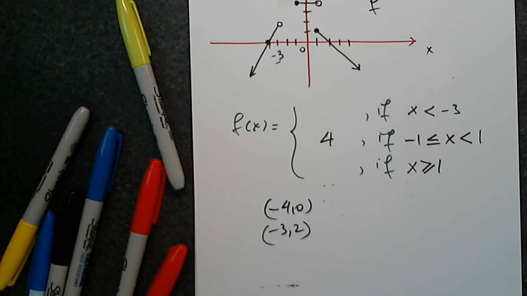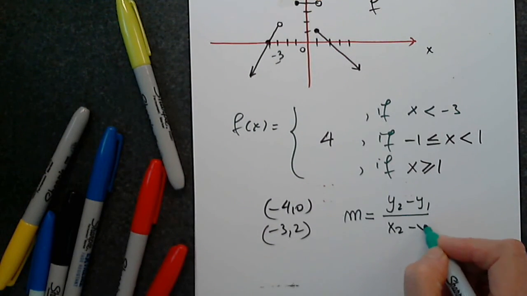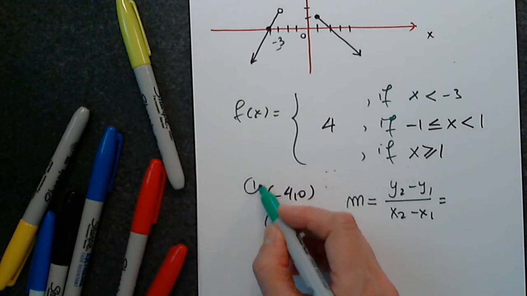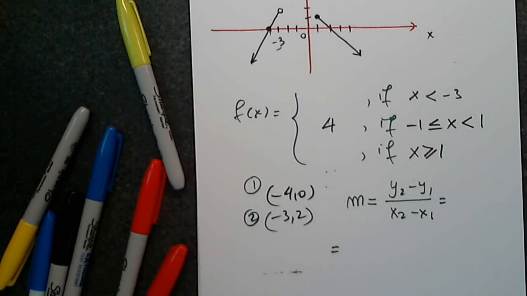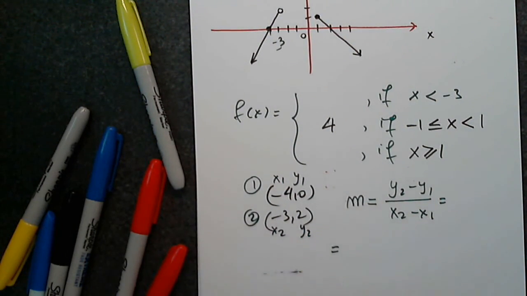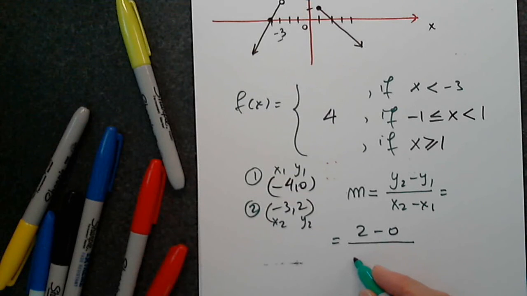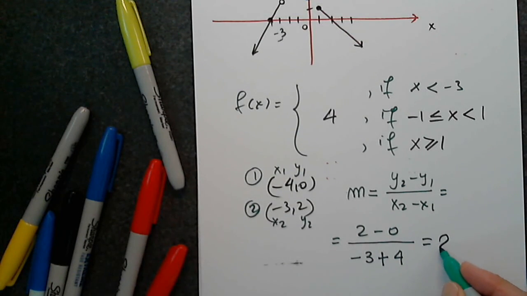I have to find the slope first because it's a line. And that is y2 minus y1 over x2 minus x1. So this is my first point, this is my second point. What would you write? Meaning this is x1, y1, and this is x2, y2. Minus 0. Very good. -3 minus 4. The top is 2, the bottom is 1, so the slope is 2.